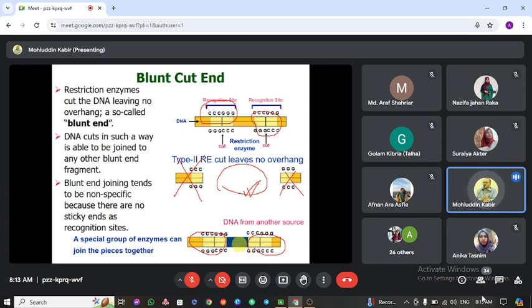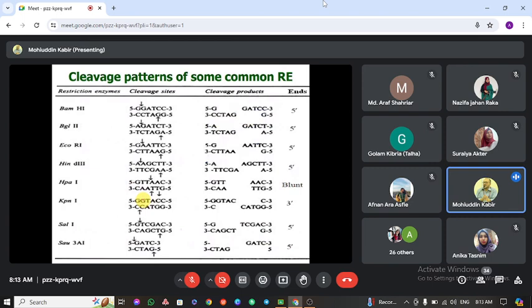Now, these fragments can be joined in this direction in the middle or in this direction. Therefore, this is not specific. This is non-specific.